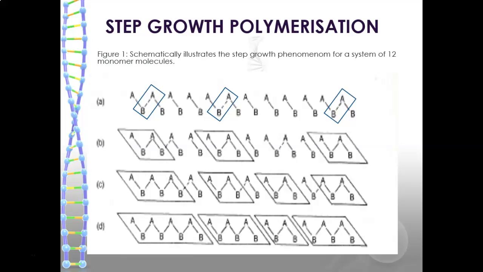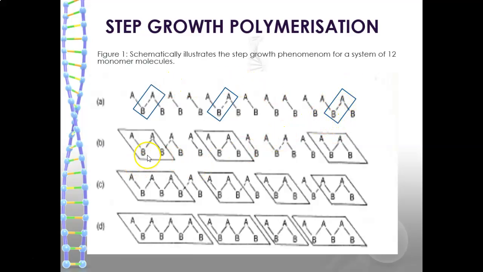Okay, Figure 1 schematically illustrates the step growth phenomenon for a system of 12 monomer molecules. As in Figure 1a, the monomer molecule contains functional groups A and B, so functional group A will react with functional group B to form the AB linkage.